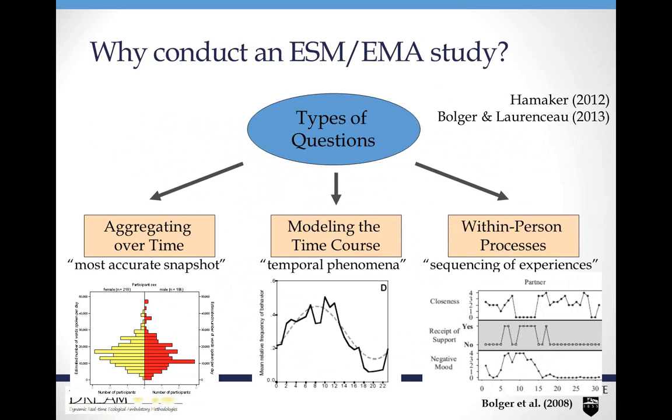Then also modeling the time course, so looking at how patterns are changing over time, and then within-person processes, the sequencing of experiences. So how receiving social support is related to mood or feelings of closeness, pain, and so on. So those are the three main types of questions that these methods can provide.